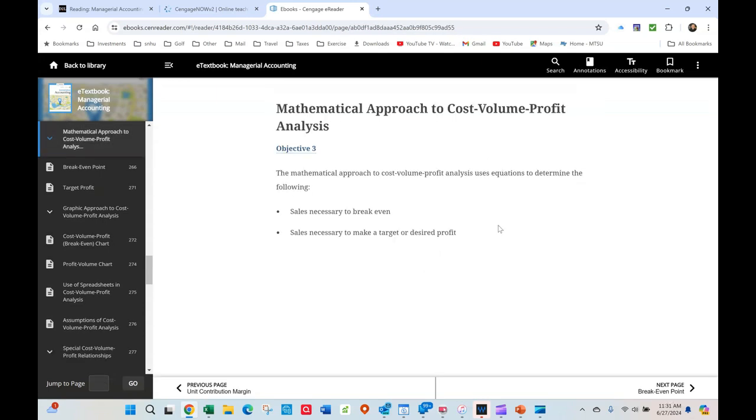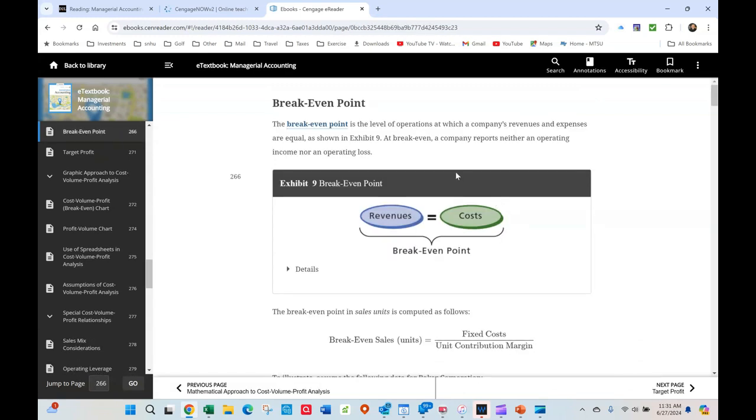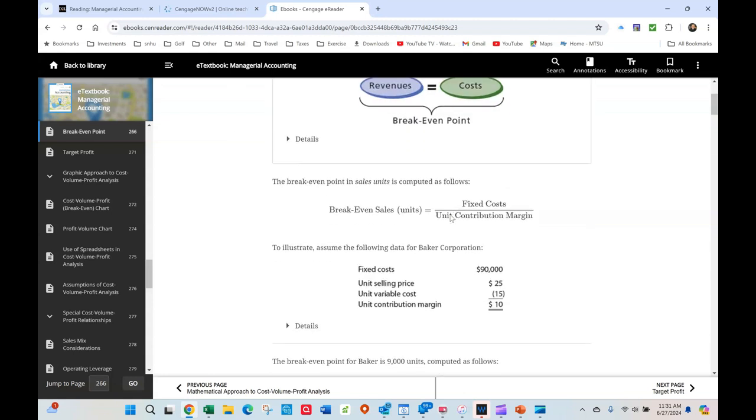All right, the mathematical approach to cost, volume, profit. So break even means that your revenue covers all your costs. You don't make any money, you don't lose any money. And the formula to determine that is break even sales units. So we're first going to determine the break even sales units.